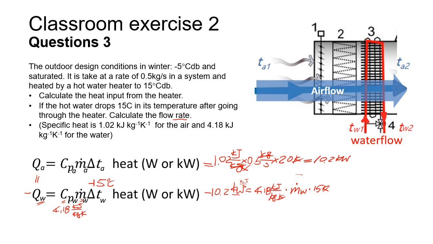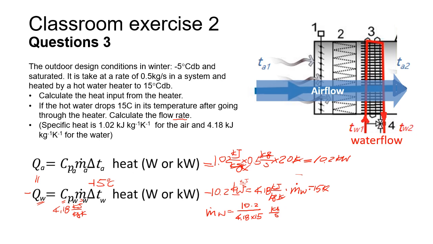All right, so kilojoule cancels, so you have kilogram per second. So therefore, what will the mass flow rate of water be? As I said, there is a minus here, so these two minuses cancel each other. So you have 10.2 divided by 4.18 multiplied by 15. The unit will be kilogram per second. Okay, you work it out: 10.2 divided by 4.18, divided again by 15. That will be the water flow rate.